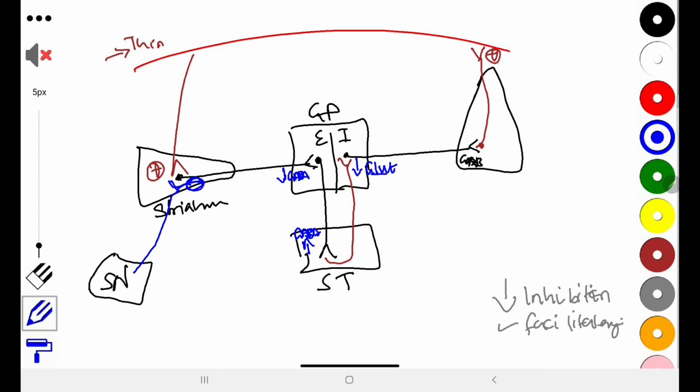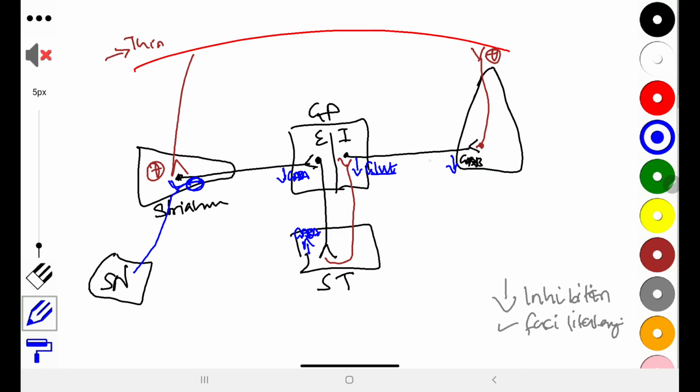If there is less glutamate here, it means that you will have less stimulation of the pallidothalamus. If there is less stimulation, it means that it will not release as much GABA, because you're not stimulating it as much.